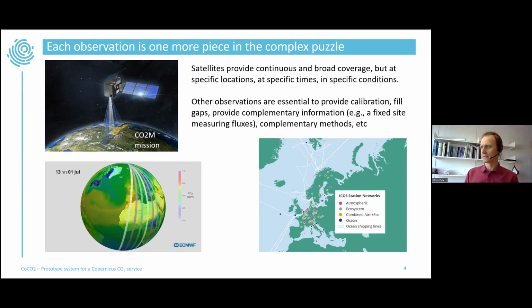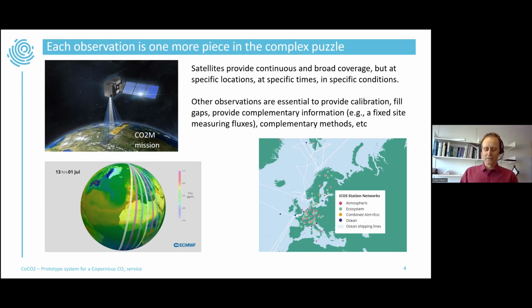Satellites also experience that. And so the observations need to be supplemented with other observations to fill in gaps in terms of times, to provide calibration, to make sure we know what the satellites are measuring, providing complementary information. For example, a fixed site measuring fluxes gives a different sort of information and so on. And with different observations, you can apply different methods.